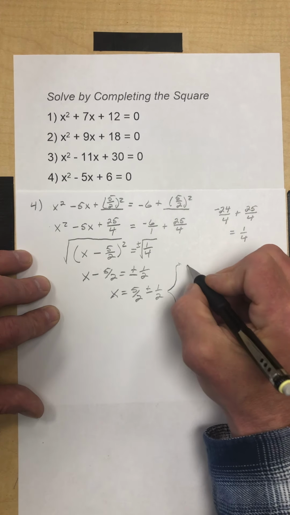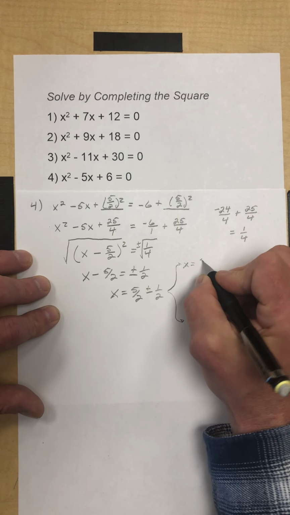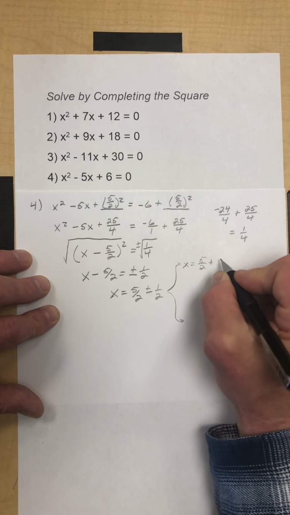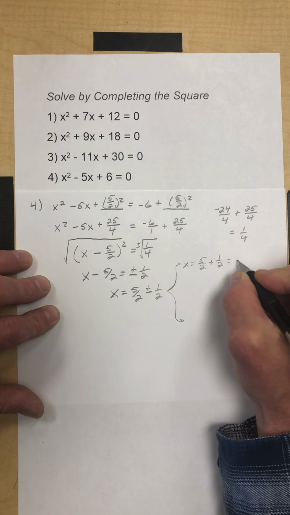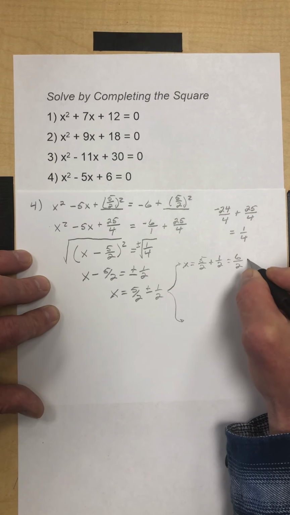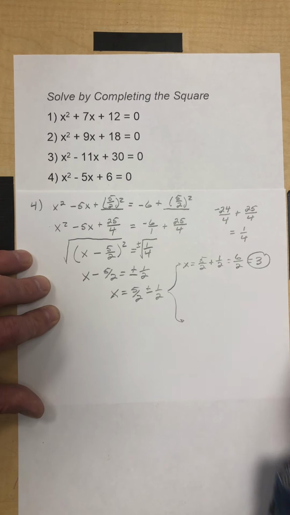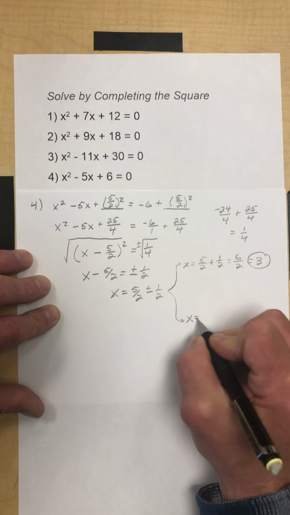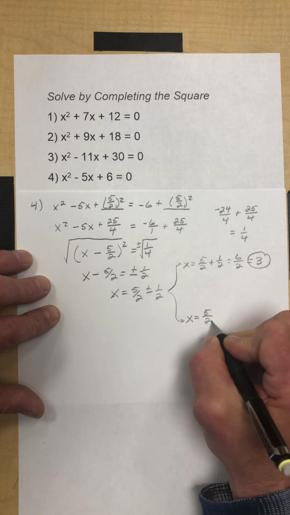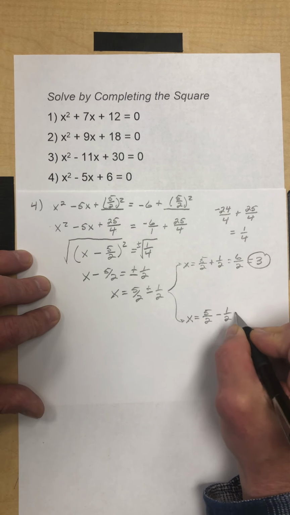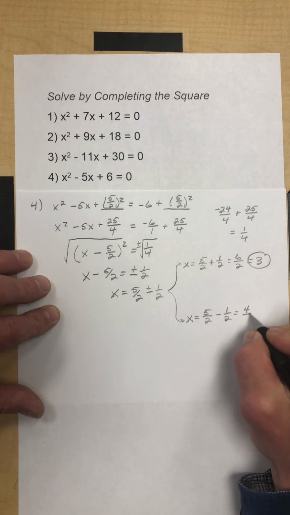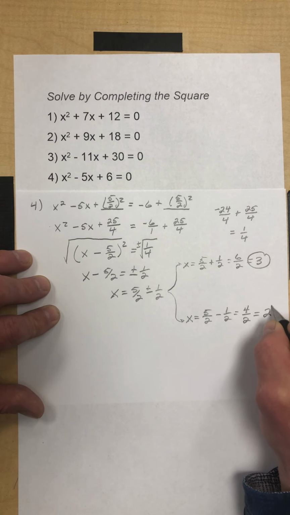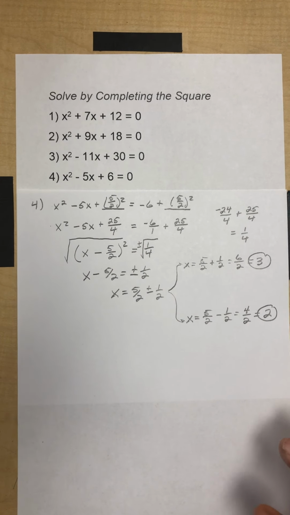Okay, so I would get x equals 5/2 plus 1/2, which gives me 6/2, and that obviously is 3. The other one would be 5/2 minus 1/2, which gives me 4/2, which obviously is 2. So I get my 2 solutions.